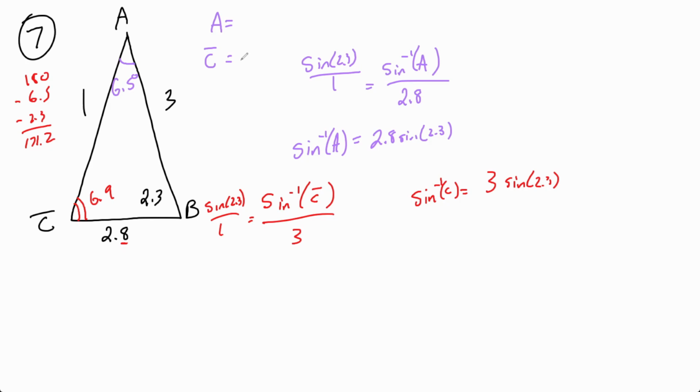But what I want to point out is, imagine you have a stick that's 1 foot, a stick that's 3 feet, and a stick that's 2.8 feet, and you lay them down, right? And we're going to lay them down in the same fashion. Here's my 1 foot stick. And I need to consider what's going to happen with this 2.8 foot stick when it meets this 3 foot stick. And it only has 2.3 degrees between them.